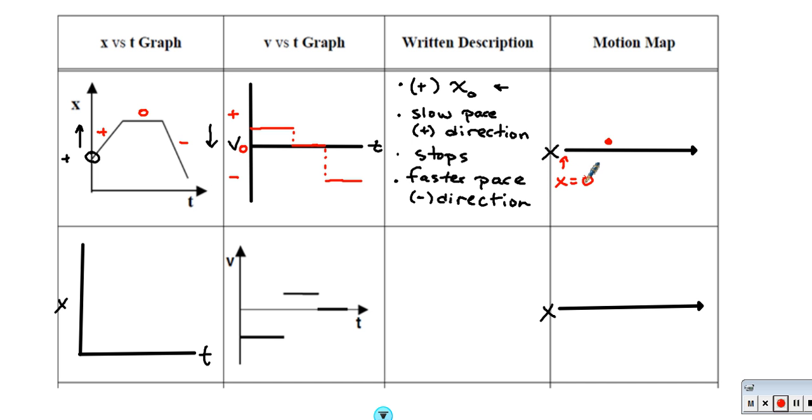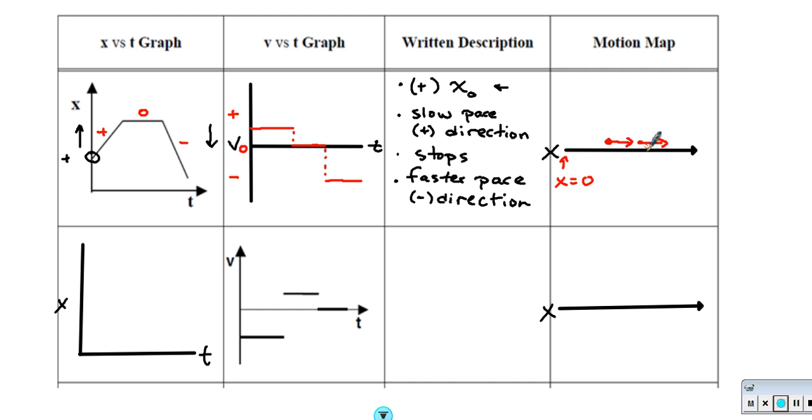So we're going to have our first position some distance to the right of x equals 0, and with this being a slower type of motion, we'll indicate that with some small arrows to the right. Where this is qualitative and we don't know how much time this is lasting for, we want to at least draw 2 arrows consecutively that are the same length to show that the motion that it had during that period was constant.